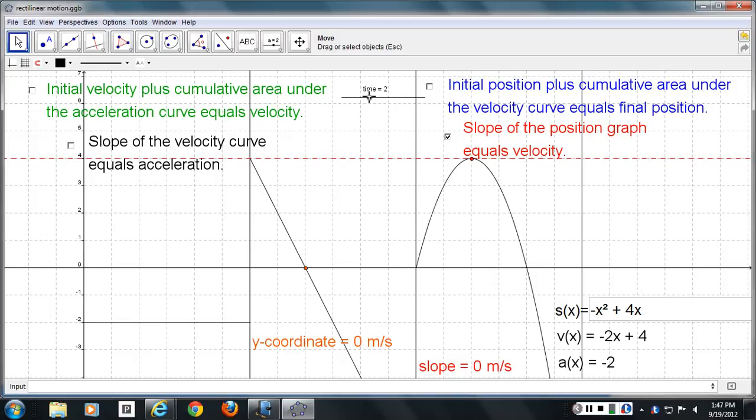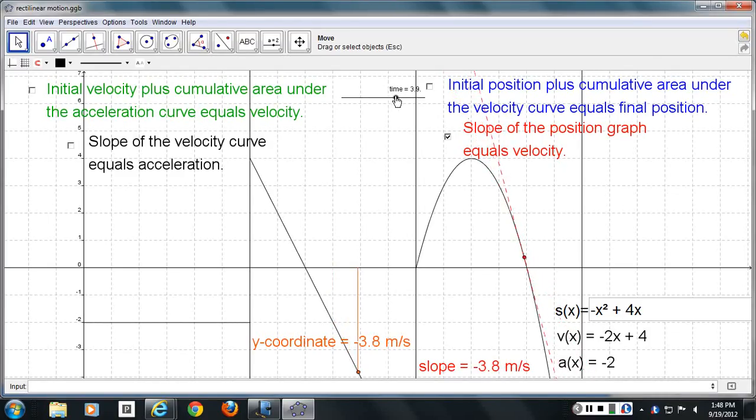And then the velocity continues to decrease, because a second later, what's the slope? -2. That means it's headed down. It's headed down at the rate of 2 meters per second. If you think 2 down, 1 to the right, it's a slope of -2 meters per second.